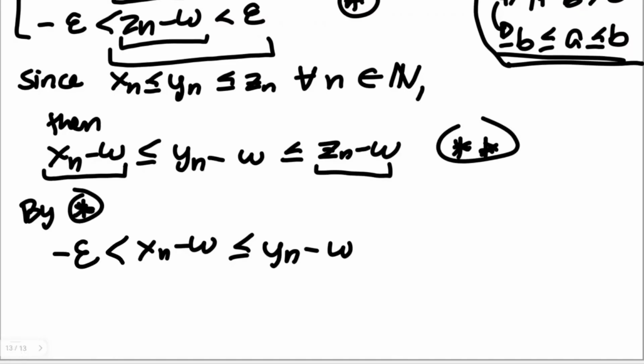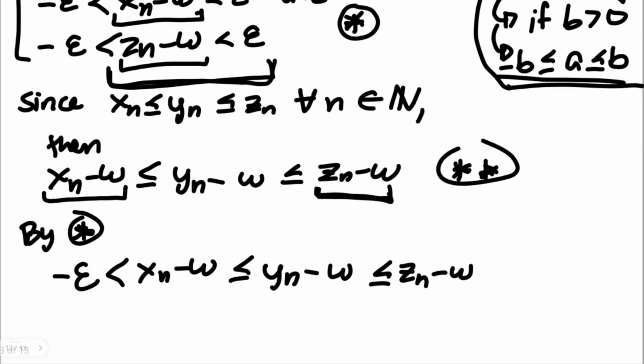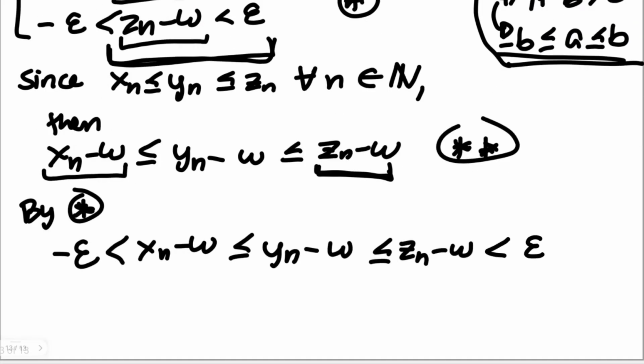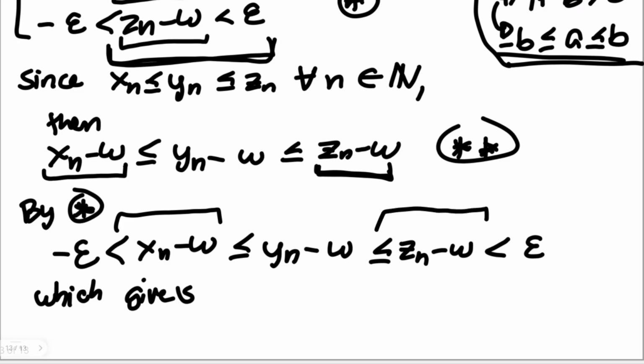On the other side, it is less than or equal to z sub n minus w, which is still less than epsilon. As we remove the middle portions, y sub n minus w is greater than negative epsilon but less than epsilon as well.